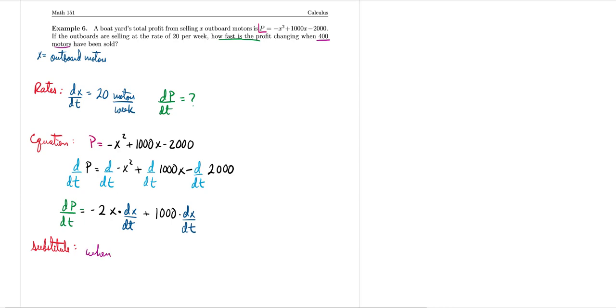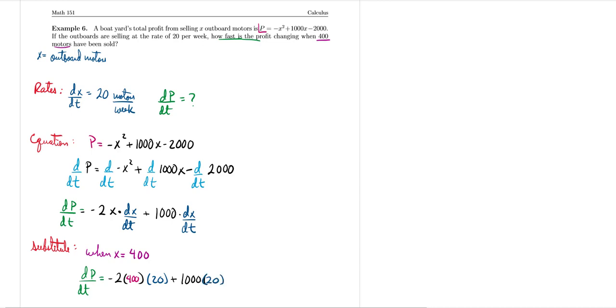So when x, the number of motors sold, is 400, what's going to be the rate of change for the profit? We have dP/dt equals negative 2 times x times dx/dt, which we knew was 20 motors per week, plus 1,000 times dx/dt, which was the 20.